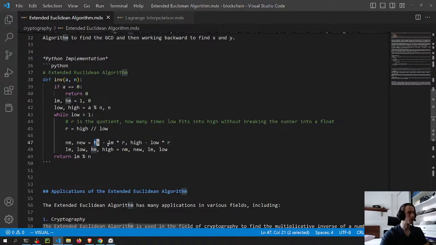So this is gonna be okay. So NM is supposed to be A here. A equals this, but oh, high low goes here.